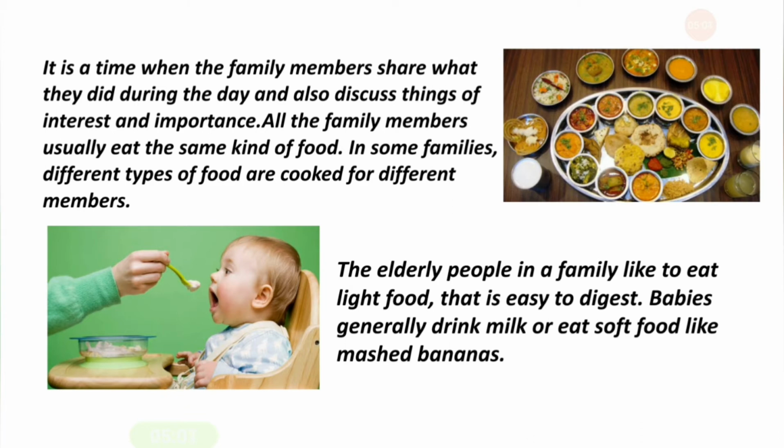So students, here the chapter writer is trying to say that the food is cooked for the different kinds of members for their different needs, or you can say according to their age and health.